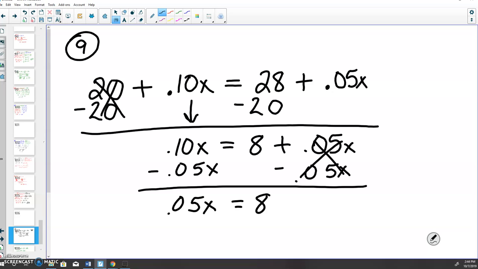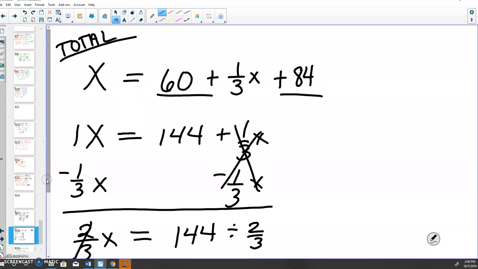How do I break 5 cents and x apart? Yep, if it doesn't tell you what the letter is, opposite. So opposite of times is divide. What's 8 divided by 5 cents? 160.